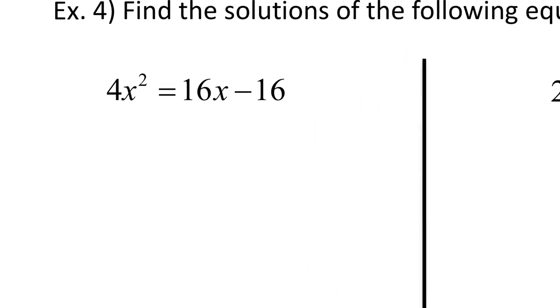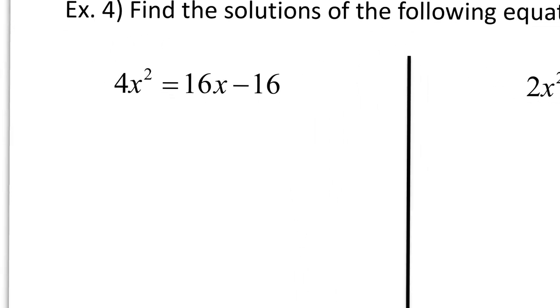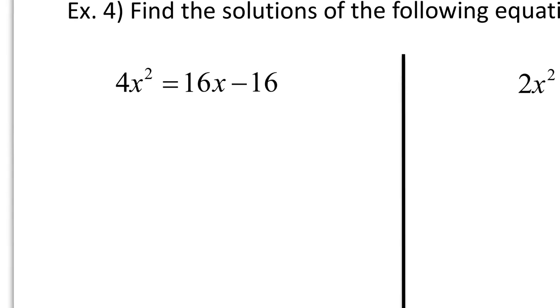Okay, we have 4x squared equals 16x minus 16. So first, I don't have it equal to 0. I'm going to take everything to one side. When you have an x squared here, I like to keep that number positive if it's already positive. So I'm going to take these to the other side instead of taking this one to the other side.